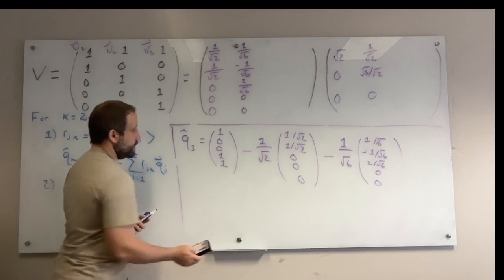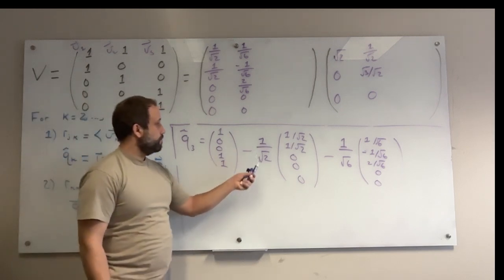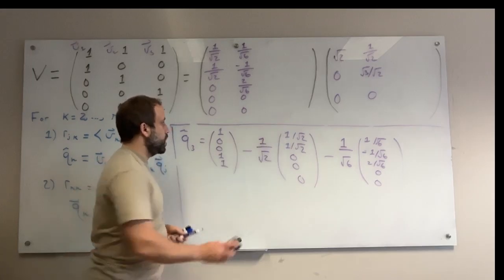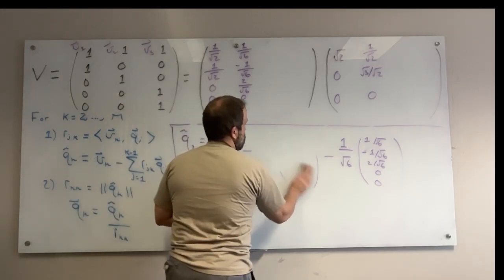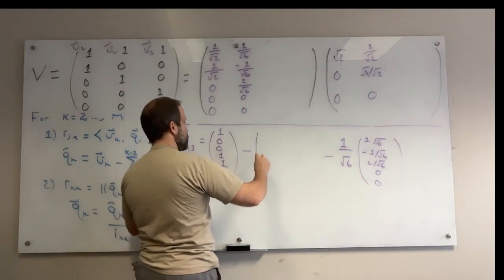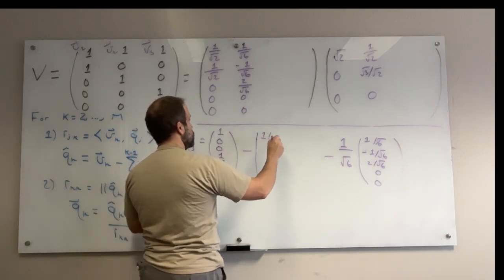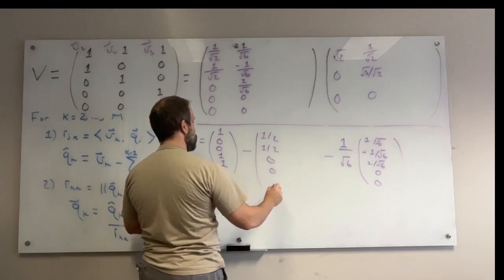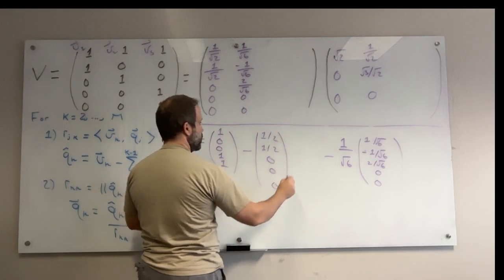Now, as I did in the previous one, when you multiply the 1 over the square root of 2 in here, these just become 1/2. And so what we're going to get is 1/2, 1/2, 0, 0, 0.